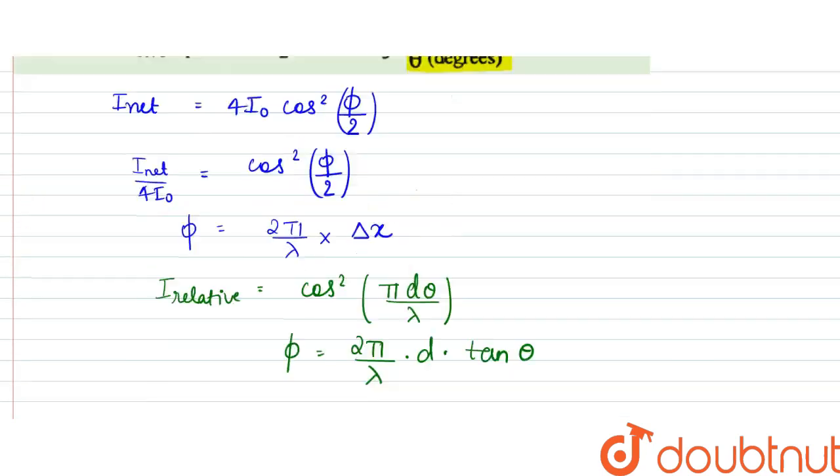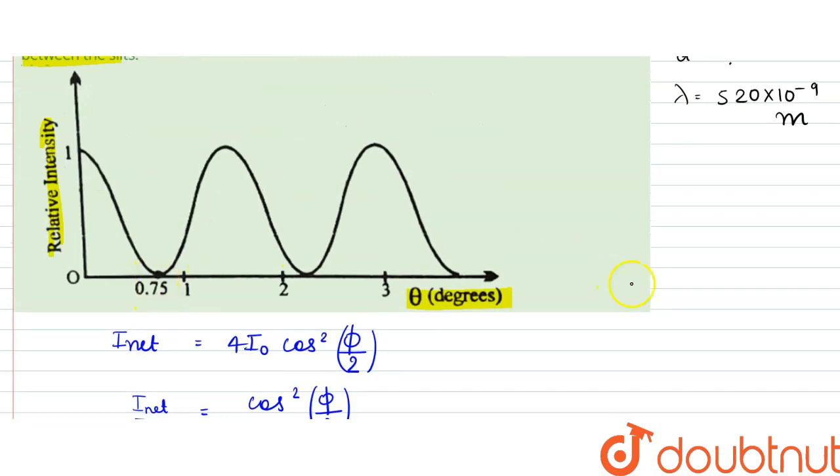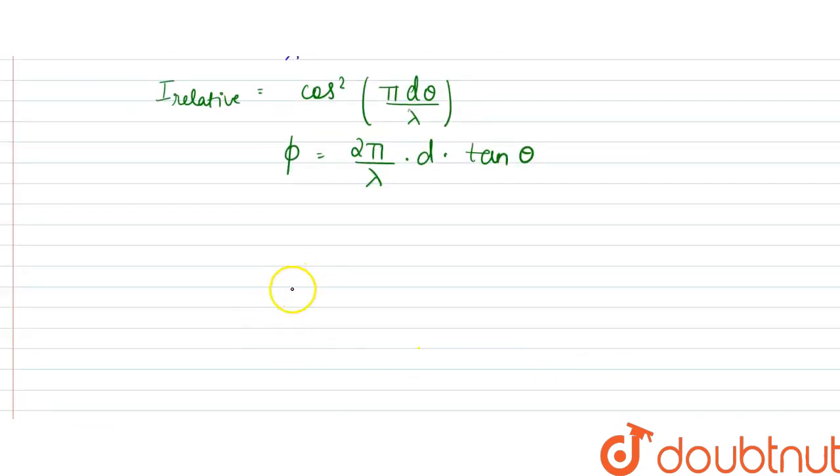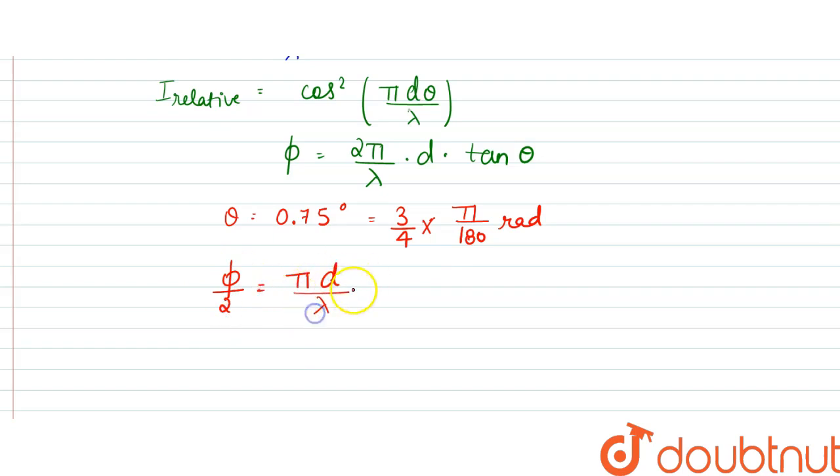Now in the graph, what we are given is at theta equals 0.75, the relative intensity is 0. So when theta is equal to 0.75 degree, that is 3 by 4 degree, converting into radians by multiplying with pi by 180, phi by 2 would be equal to pi d by lambda into theta.